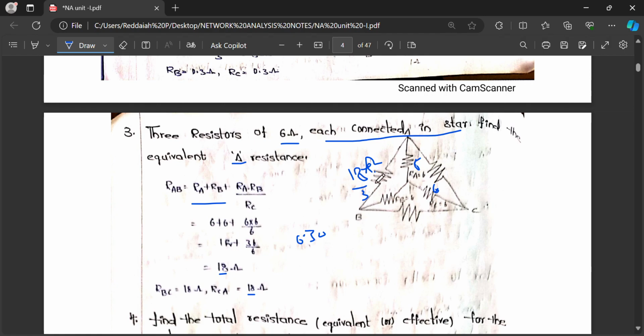If all the delta resistances are equal, then the star equivalent resistance is delta resistance by 3. If all star resistances are 6 ohm, multiply by 3 to get delta. This formula we have to remember.